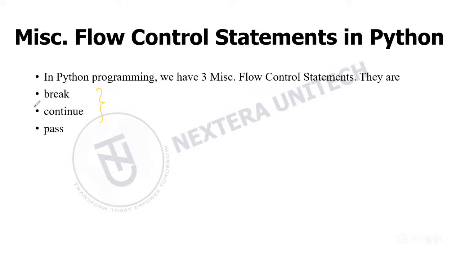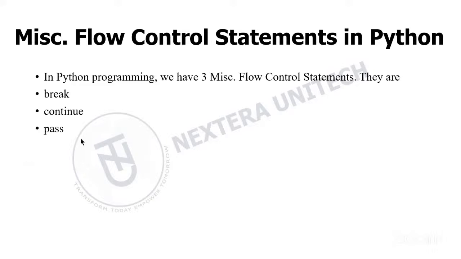That is the 3 statements: break, continue, and pass. Each of these will change the normal behavior of your loops or blocks of code. So let's understand them one by one.